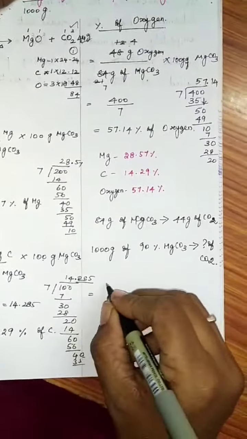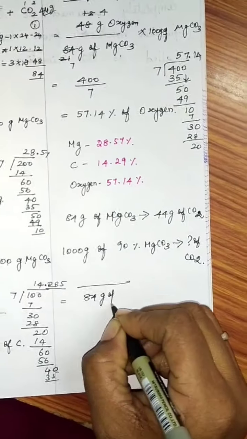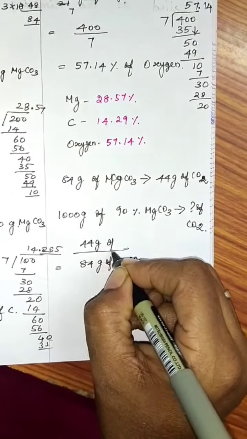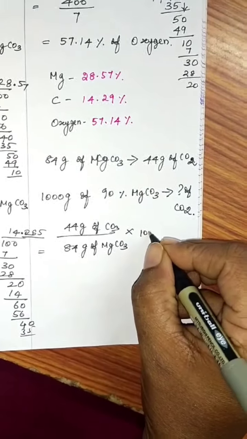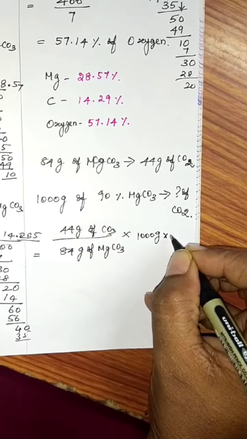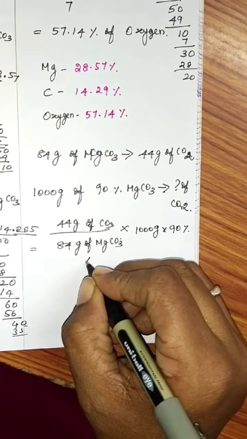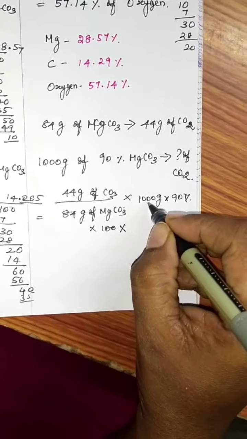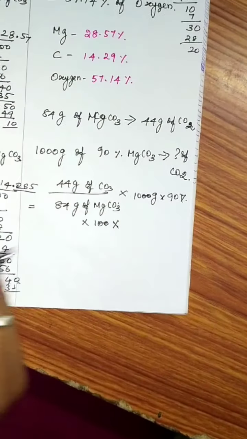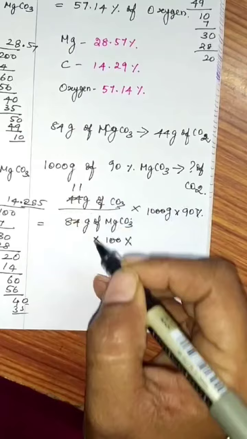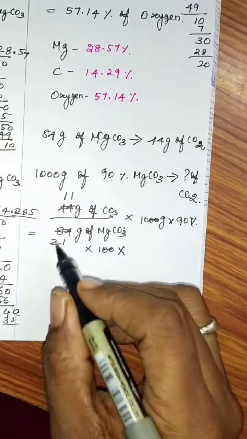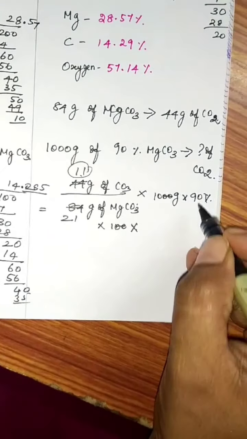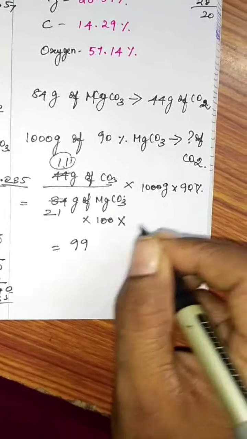So now, 84 gram of magnesium carbonate produces 44 gram of carbon dioxide. For 1000 gram at 90%, here the magnesium carbonate is 100%. The percentage is cancelled, and a 0 is cancelled. Now divide by the 4 table: 1 times 4 is 4, 1 times 4 is 4. After that it is not divisible by any number because it is a prime number. 11 times 9 is 99.